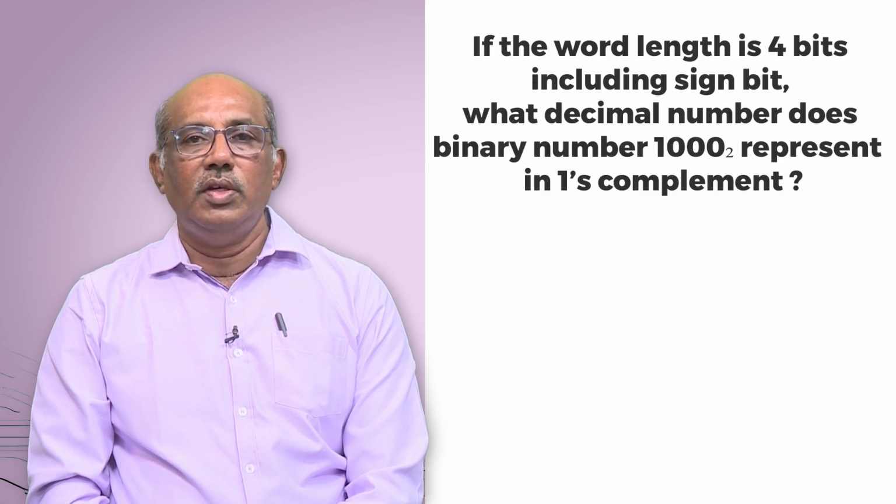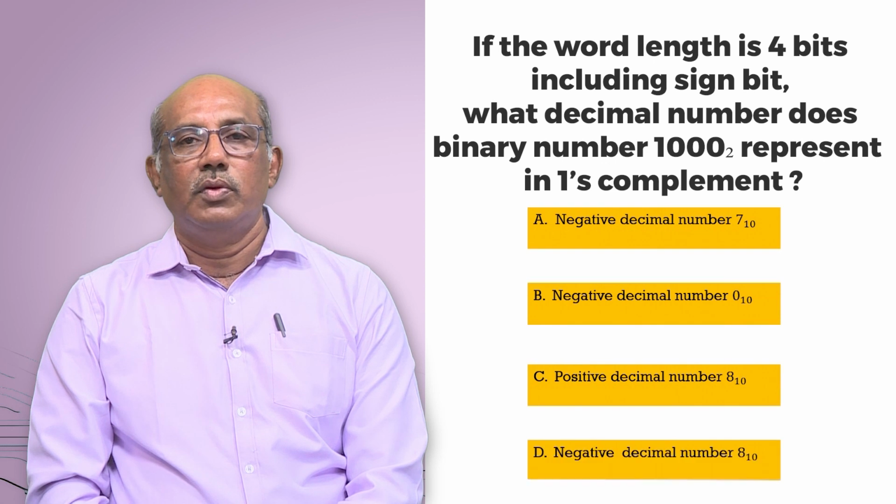If the word length is 4 bits including sign bit, what decimal number does binary number 1000 represent in 1's complement form? Here we have 4 bits.